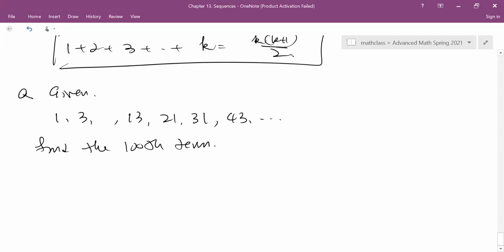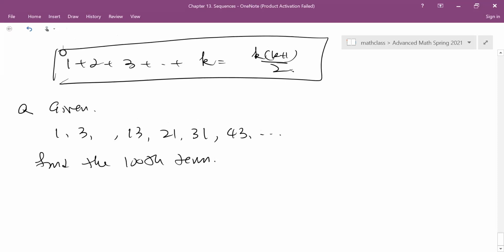Okay, please work on this. I hope you can figure it out. I'll give you a couple minutes, okay? You have to use the above identity. That's my hint.